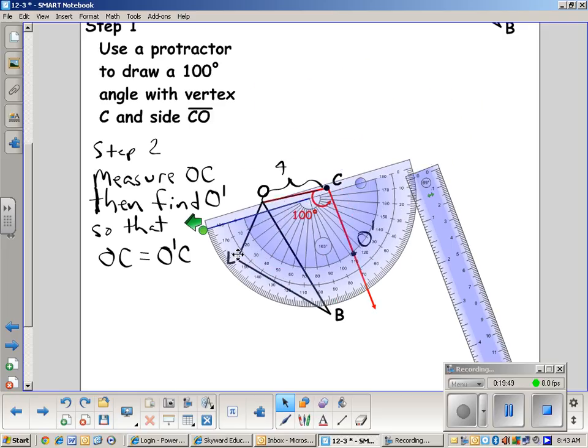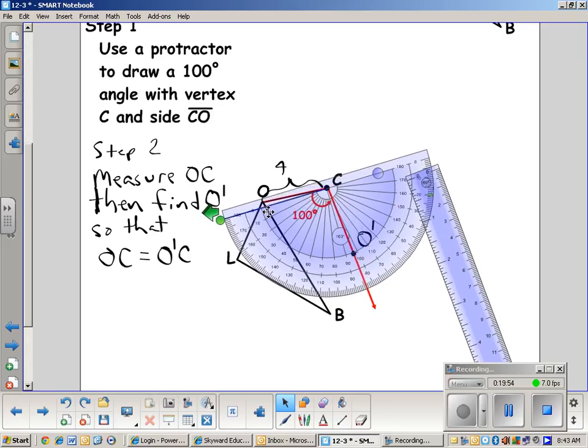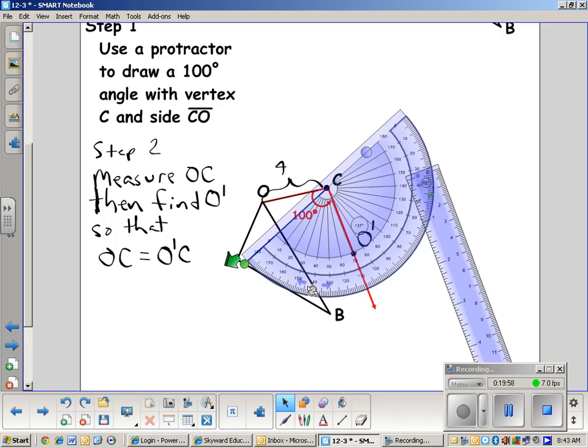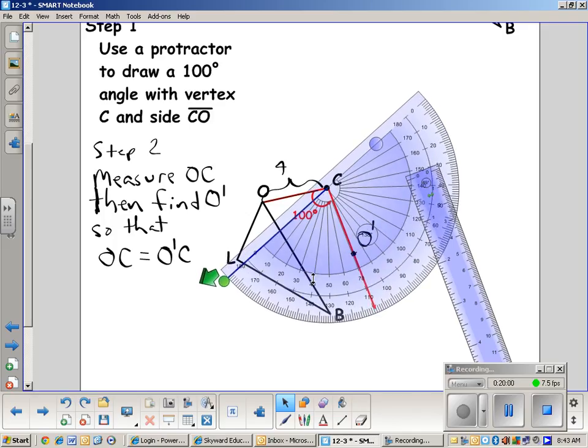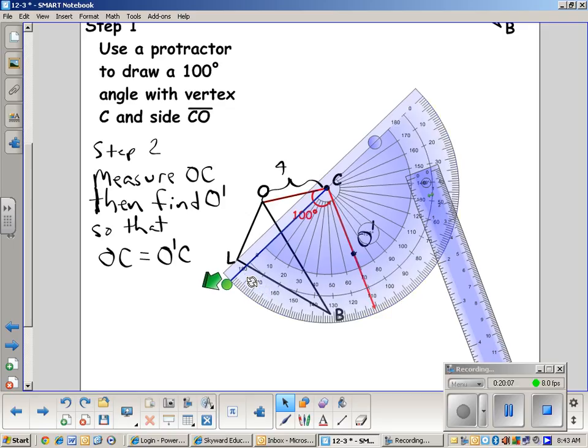So again, we go to O. Need a little bigger protractor so it reaches. Did I say O? Yes. I apologize, I keep saying my letters wrong. We're putting the center of the protractor on the center of rotation, which is point C. Okay?